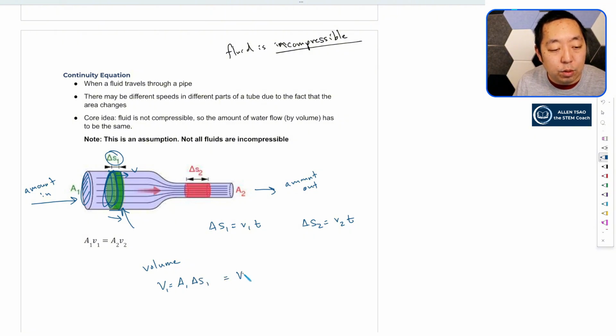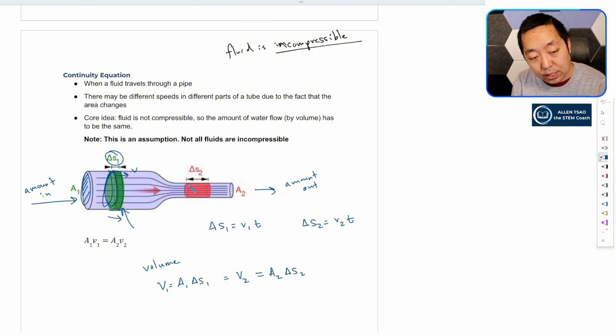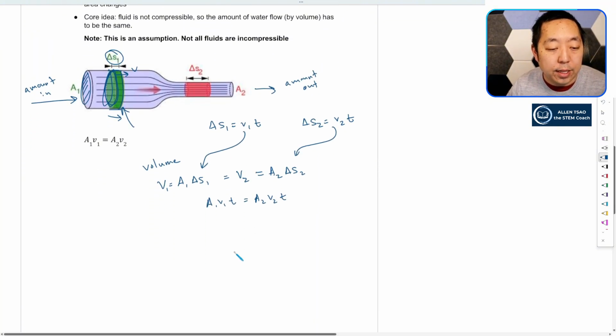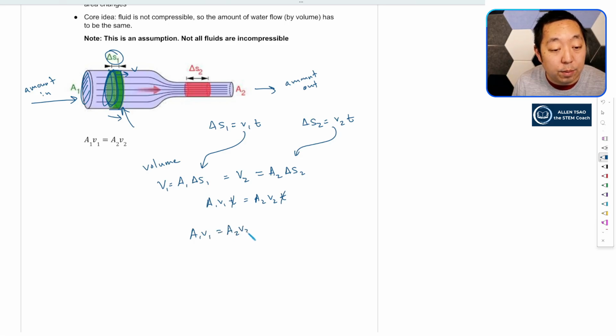And that has to equal the volume through here, which is the area of this circle times how far we travel through there. And because the thickness of that cylinder is velocity times time, you say A₁v₁T is equal to A₂v₂T. We're just plugging these numbers in. Then the T's cancel and you get this: the cross-sectional area times the velocity is the same for the two scenarios.